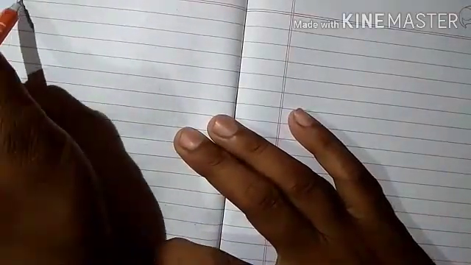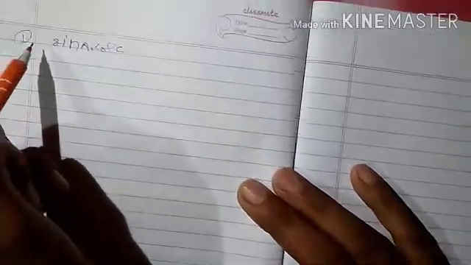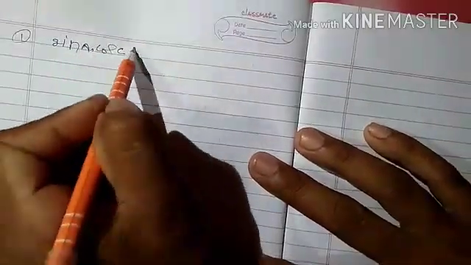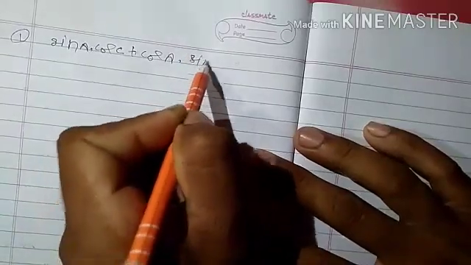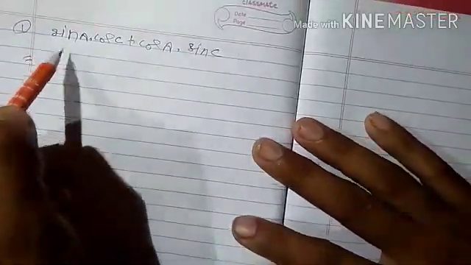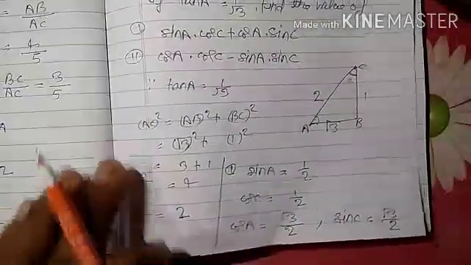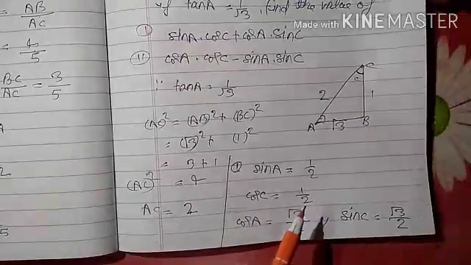So we have to find out sin A into cos C, first part: sin A into cos C plus cos A into sin C. So the value of sin A is equal to 1 by 2 and cos C is equal to also 1 by 2.